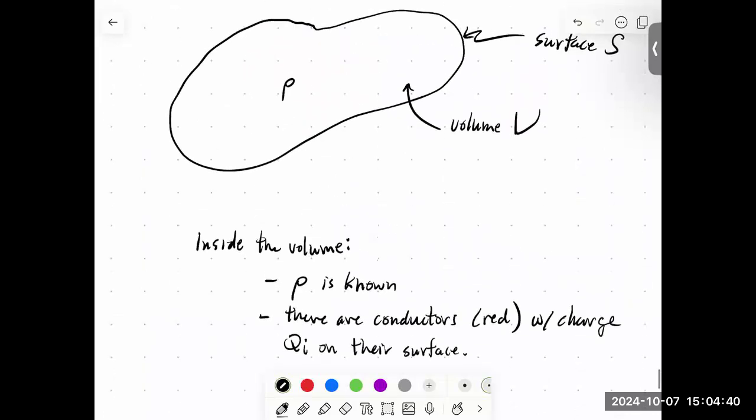All right, so we'll have a conductor over here, and we'll say its charge is Qa, and then we have another conductor over here, it has charge Qb, and you could put as many as you want.